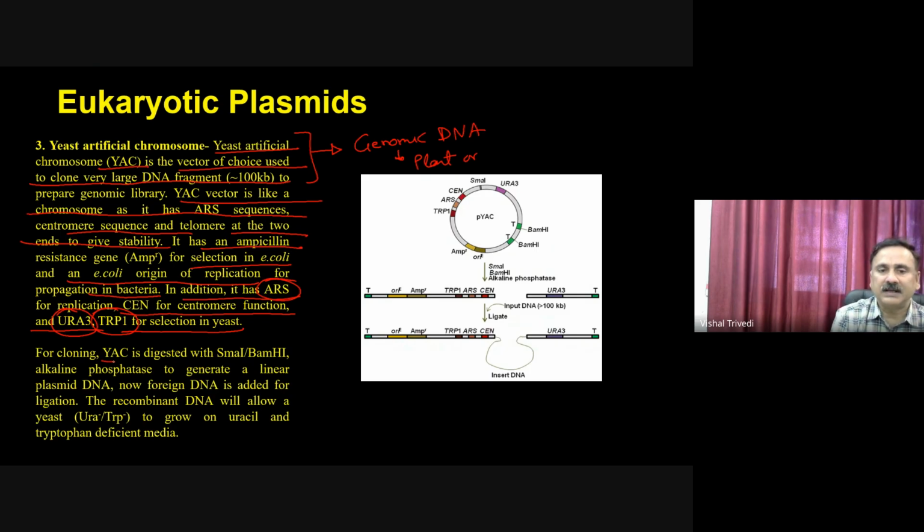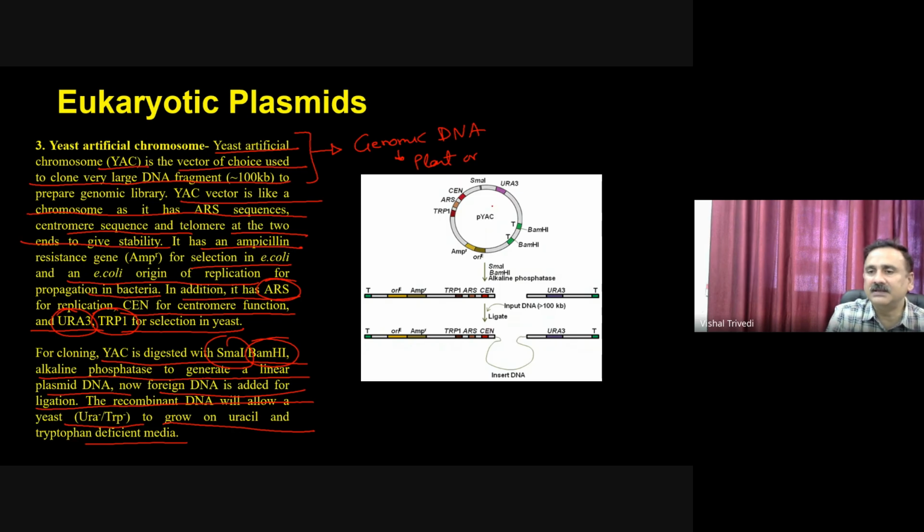For cloning, the YAC is digested with SmaI and BamHI, and treated with alkaline phosphatase to generate a linear plasmid. Now, foreign DNA is added for ligation, and the recombinant DNA is allowed to grow on URA3 minus or tryptophan minus media, that is, uracil and tryptophan deficient media.